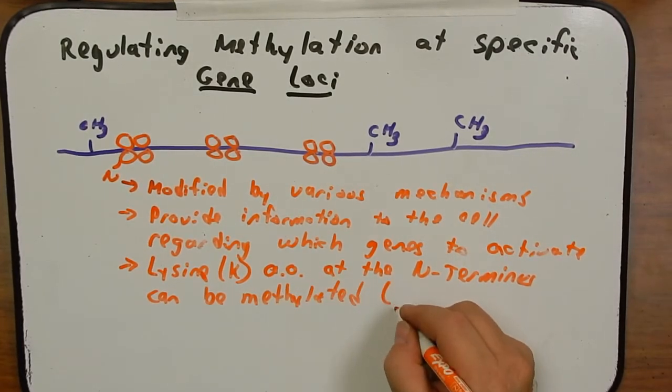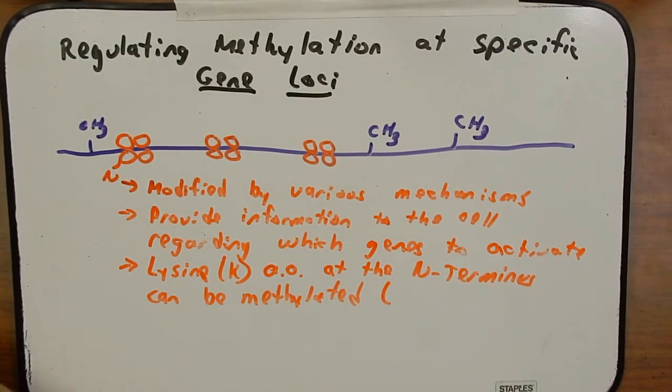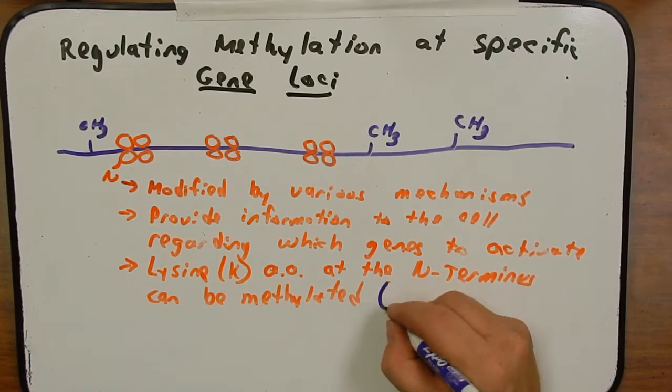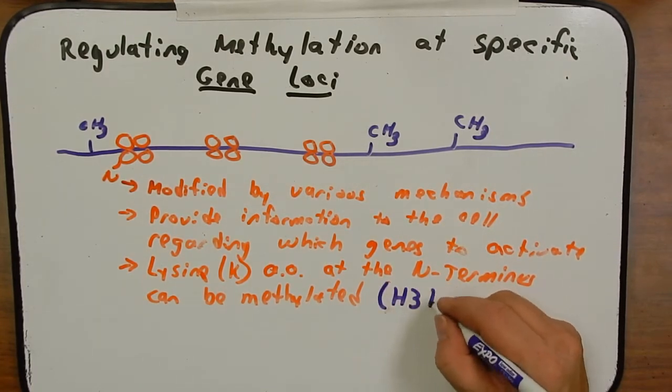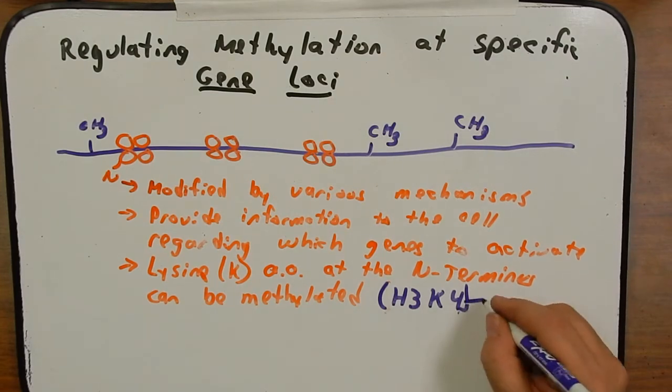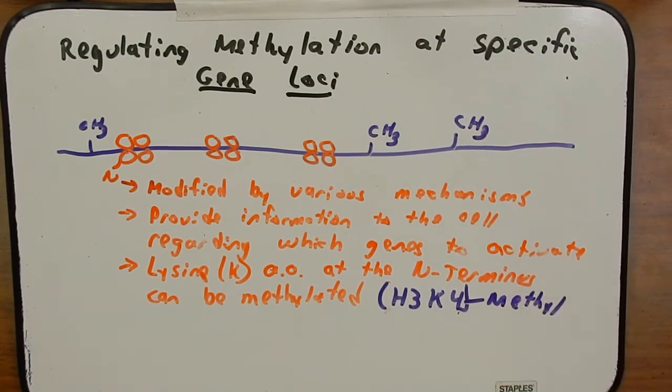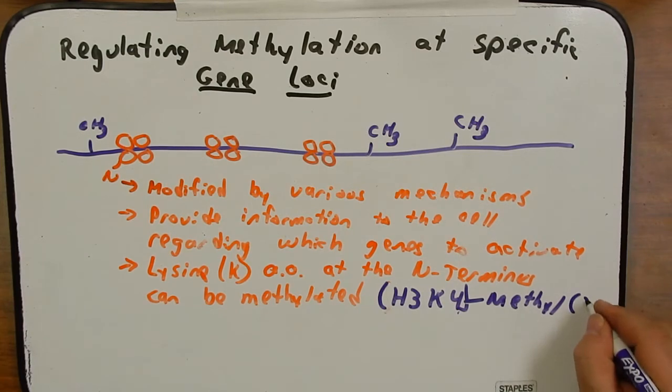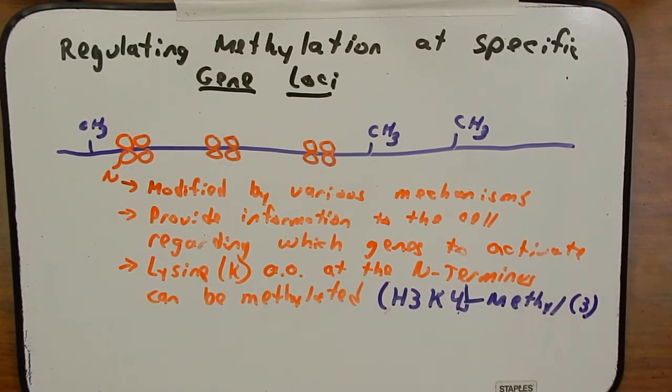A very important one that is methylated here is on histone 3, lysine 4. Moving from the N terminus to the C terminus of histone 3, at the fourth position there's a lysine, and it can be methylated. In fact, it can have upwards of 3 methyl groups added to that one lysine.